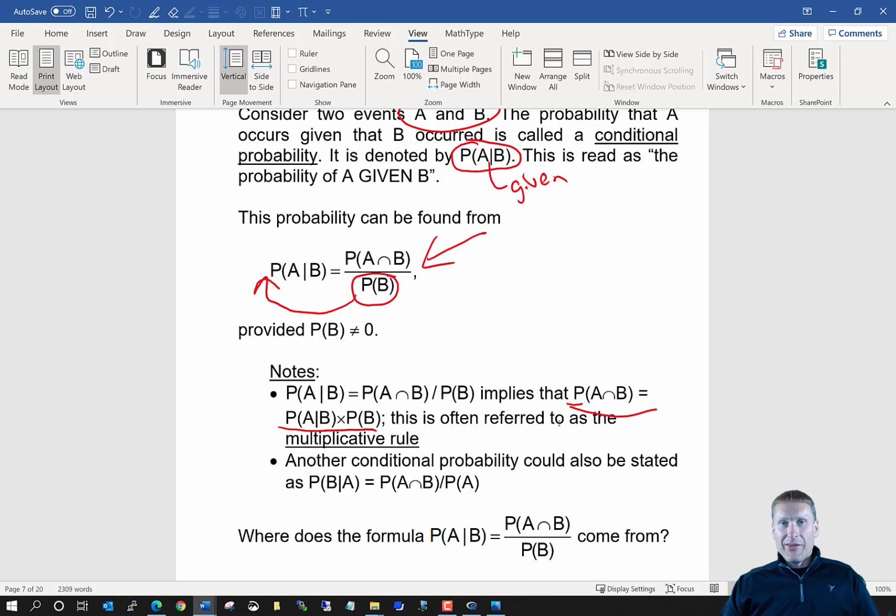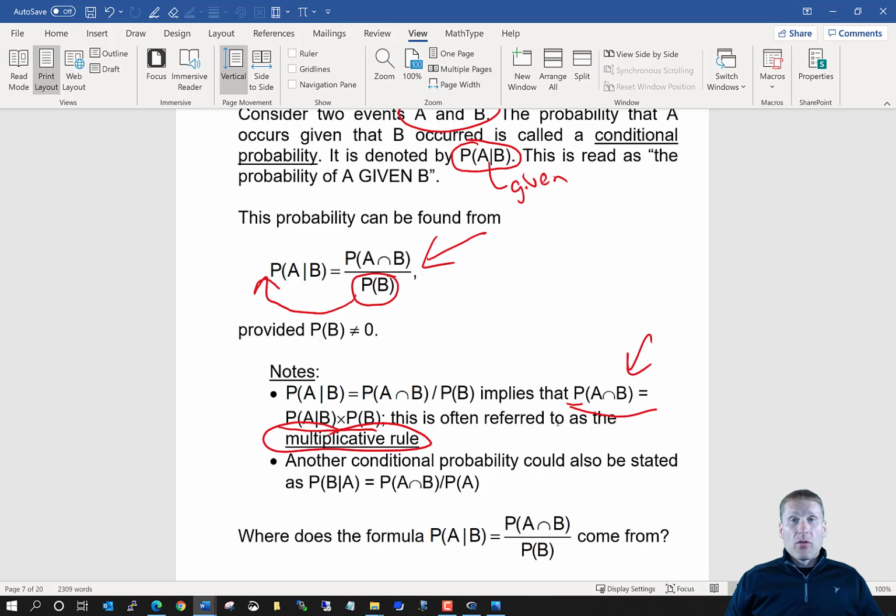On a test or some other way for me to grade you, I might ask you to give me a few different expressions for how we can find the probability of A intersect B. This second expression is often referred to as the multiplicative rule.